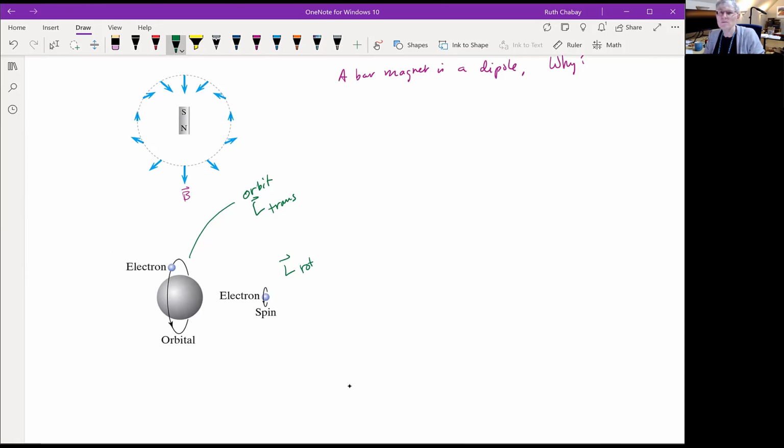And so a single electron is in fact a magnet all by itself because of its spinning on its axis.